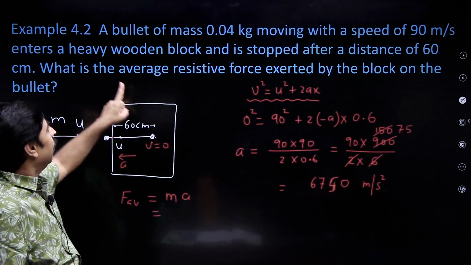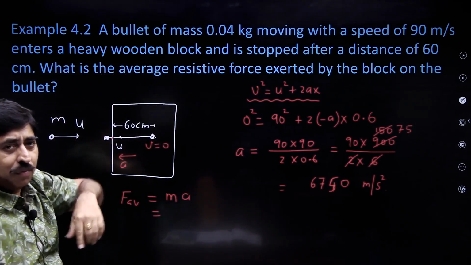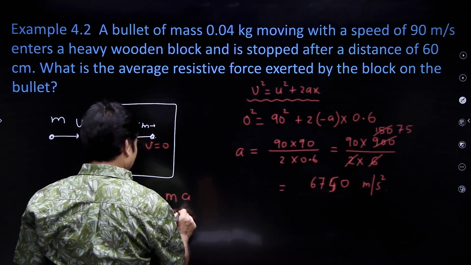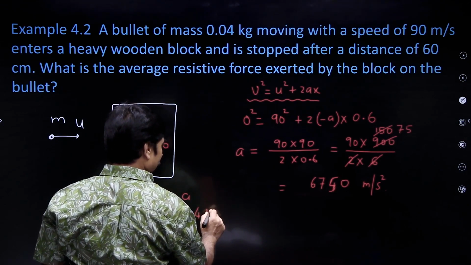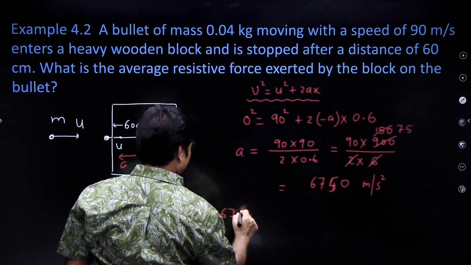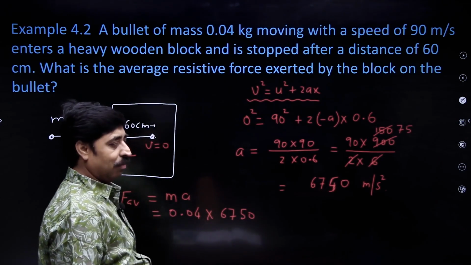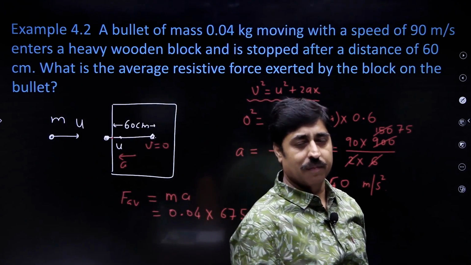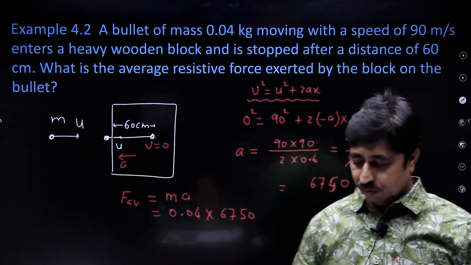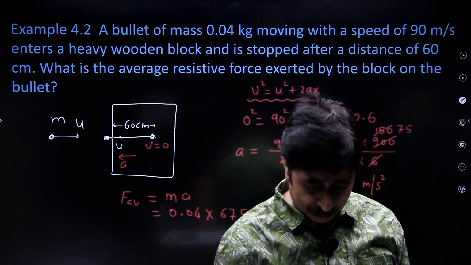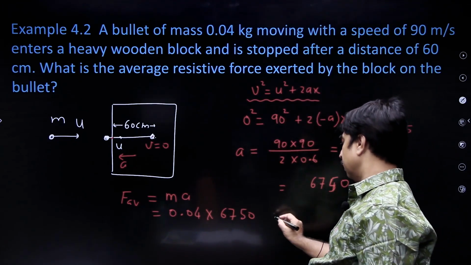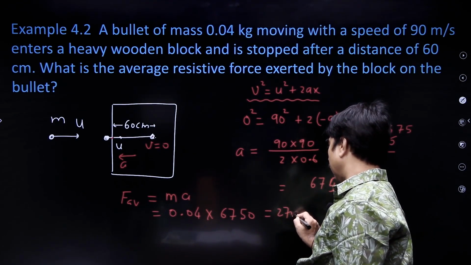Here the mass of the bullet is 0.04 kg. So, I need not do any unit change, it is in kilogram, and 6750 meter per second square is the acceleration. So, I leave this to you, you can do it on your own. Here I have the book and it says that the answer is 270 Newton.